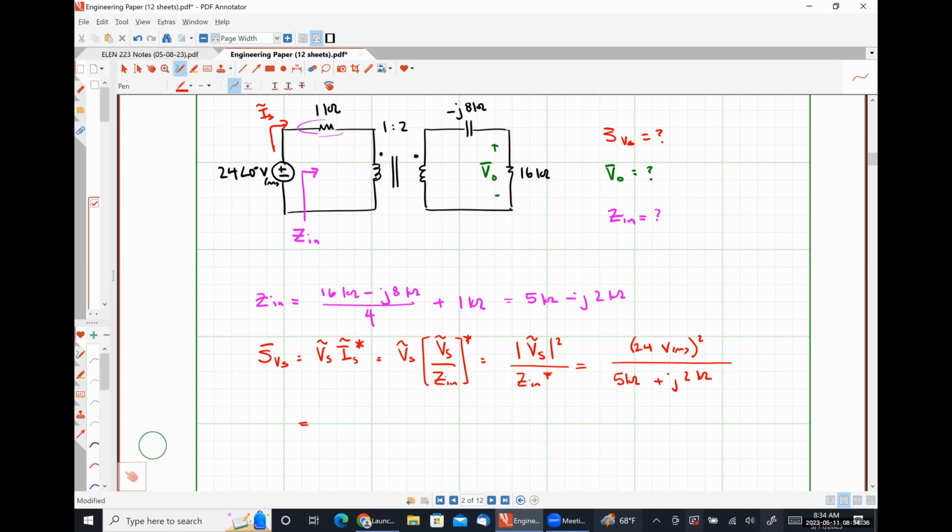And so let's throw this into my calculator. 24 squared divided by 5,000 plus 2,000 I. I get 0.107 with an angle of negative 21.801 degrees volt amperes, which would be the same in rectangular form as 0.099 minus J0.0394.